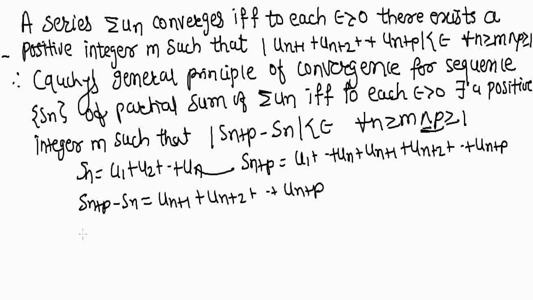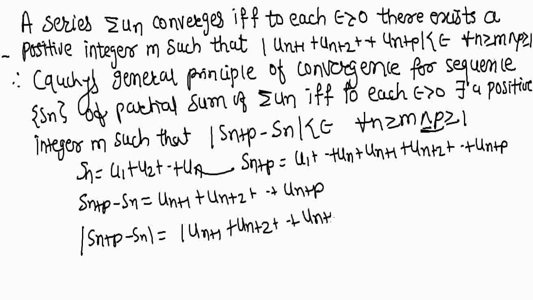Now substituting here, mod of Sn plus p minus Sn equals mod of un plus 1 plus un plus 2 plus up to un plus p, and this is less than epsilon for all n greater than or equal to m and p greater than or equal to 1. Okay, so here we have proved that the series is convergent if and only if mod of un plus 1 plus un plus 2 plus up to un plus p is less than epsilon.